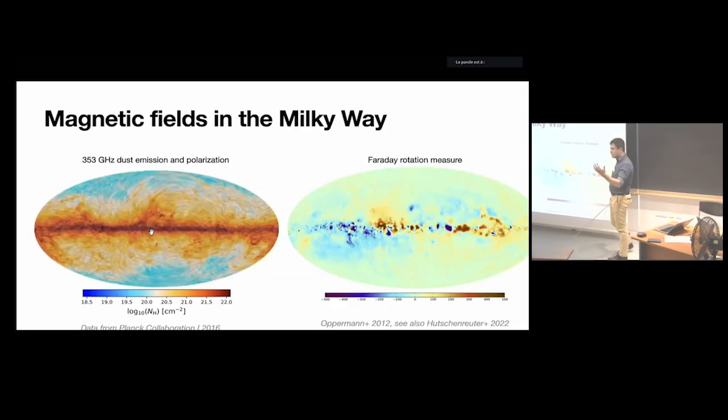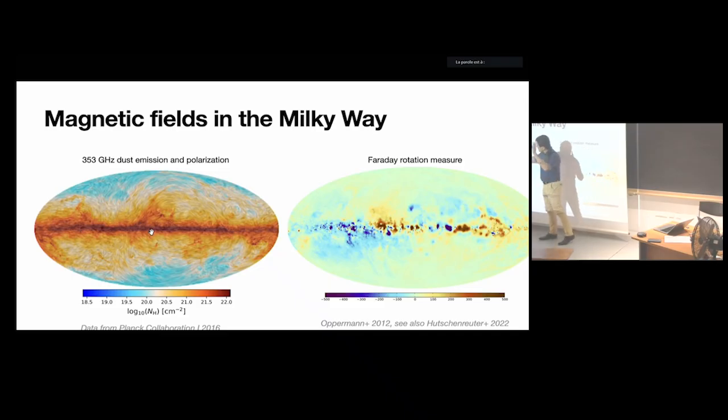If we now switch the point of view and place ourselves at the position of the Earth and look around us, then there are two other things that we see in terms of the magnetic field. Here you see the dust emission and polarization. You see here in those streamlines how the magnetic field is oriented. In the disk region, you see strongly tangled magnetic fields.